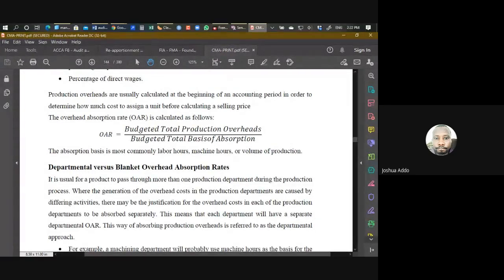So we're talking about departmental versus blanket overhead absorption rate. The departmental one is simply like this. If the organization is divided into 2 or more production cost centers, we may decide to absorb the overheads on the basis of the production departments, not to add them before we share. The reason we might go departmental is that the departments are not the same in terms of the activities that happen there.